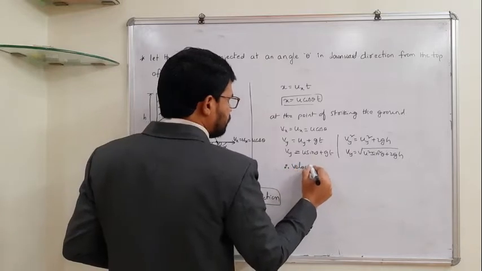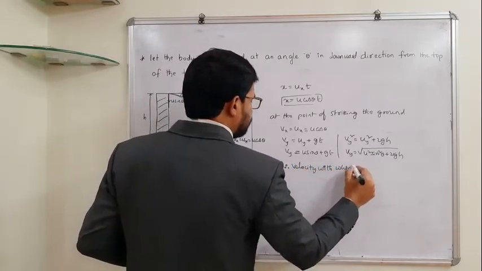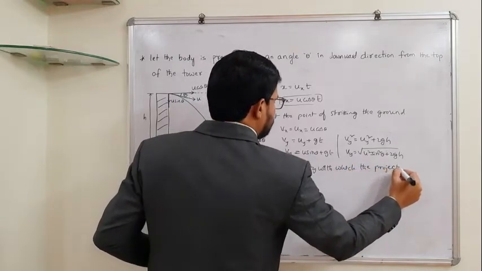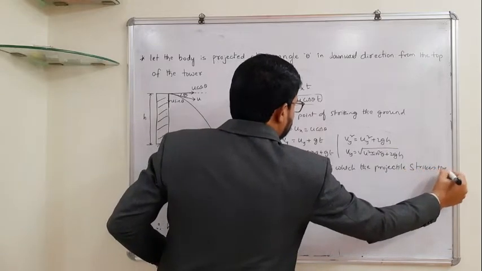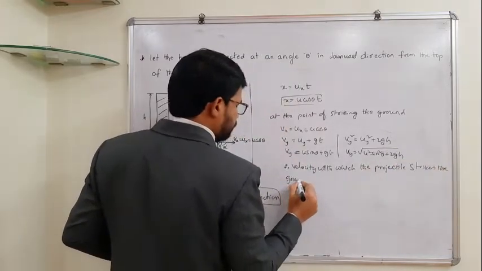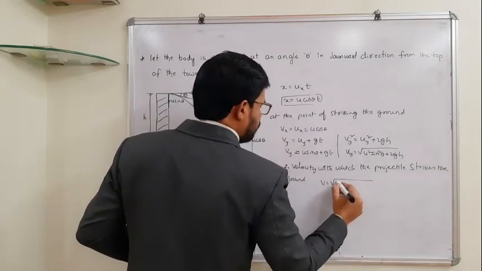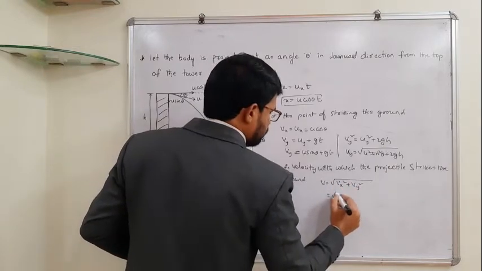Therefore, velocity with which projectile strikes the ground is, how it can be written, v is equal to under root vx square plus vy square.